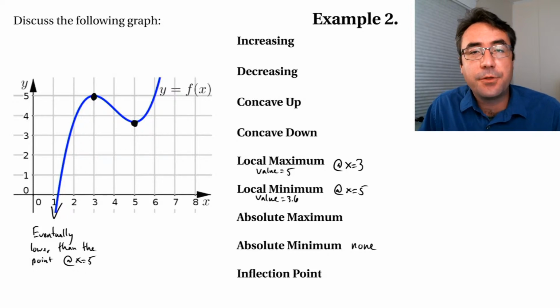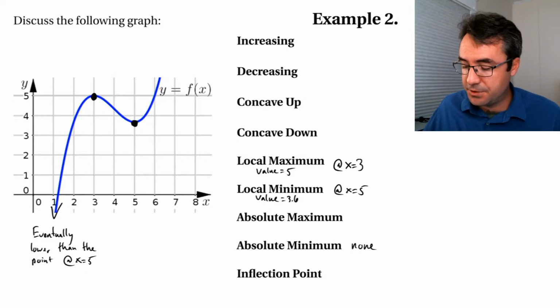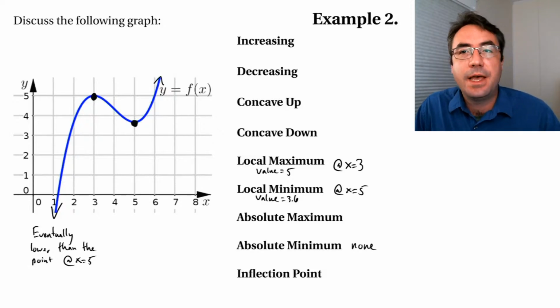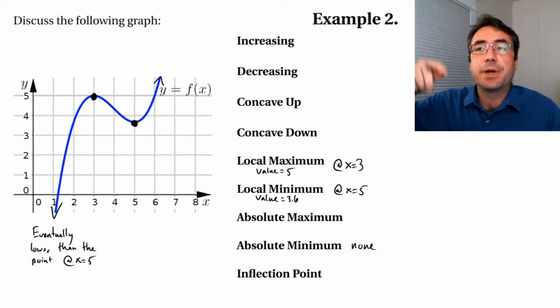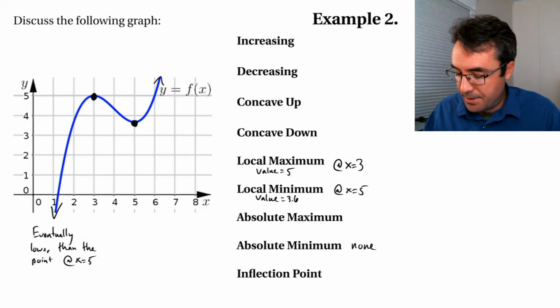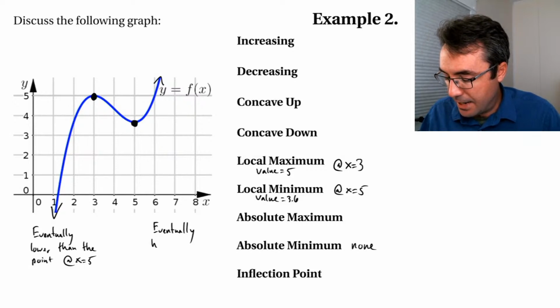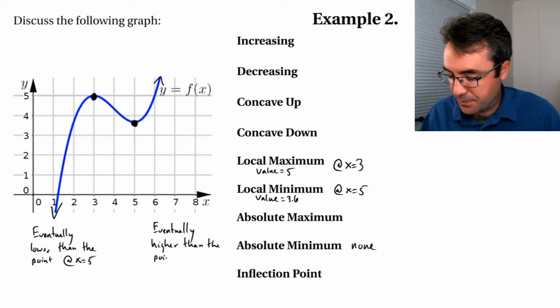And if we look at the right end behavior of our function, it gets cut off. The way we interpret the graph is that it just keeps going on in that direction forever, up and up and up. So eventually, on the right side, the right end behavior is higher than the point at x equals 3.